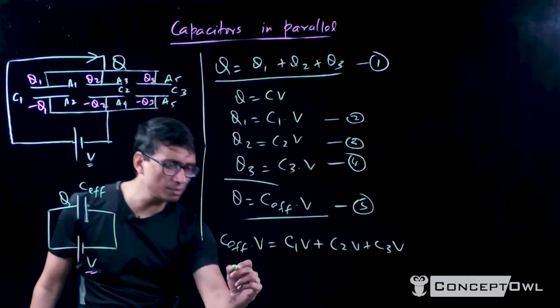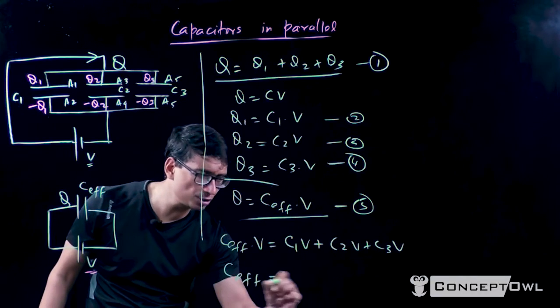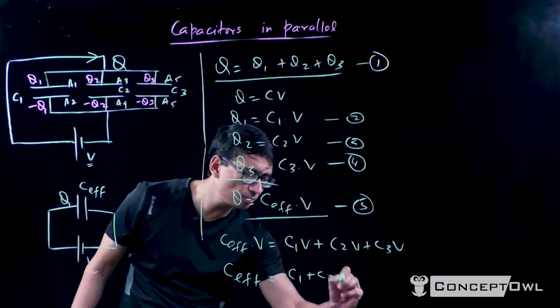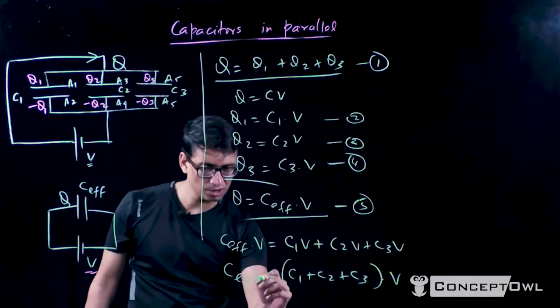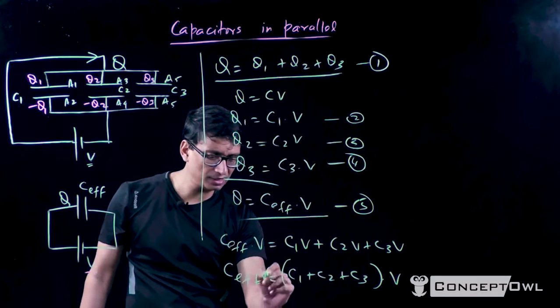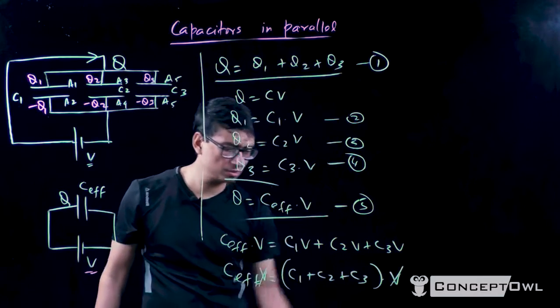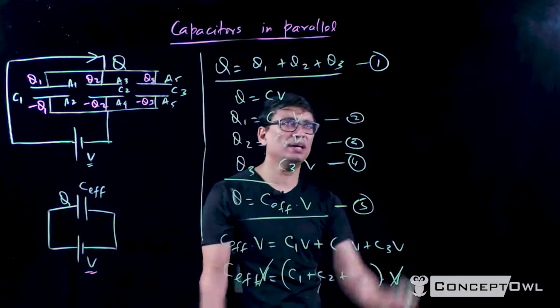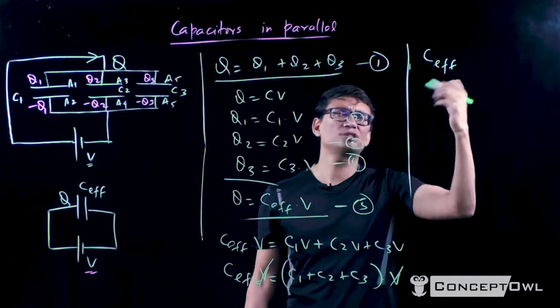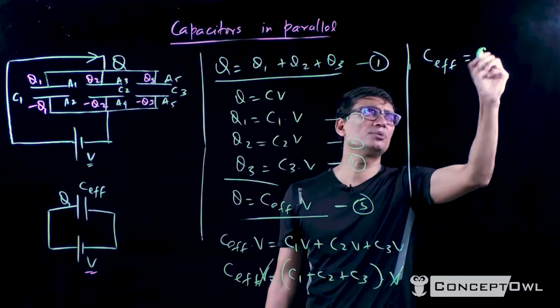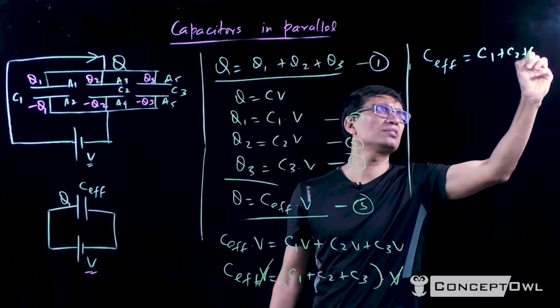Now as you can see, V is common, so C effective into V is equal to C1 plus C2 plus C3, into V. Now I can cancel these two V's, divide them both by V, and now I have my answer: C effective, the effective capacitance or the total capacitance, is nothing but C1 plus C2 plus C3.